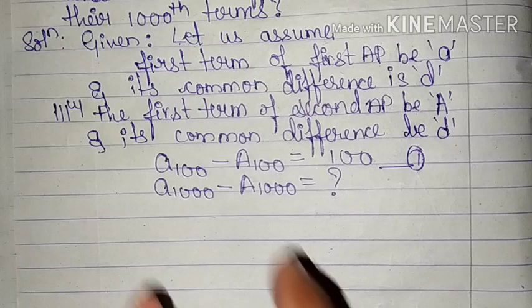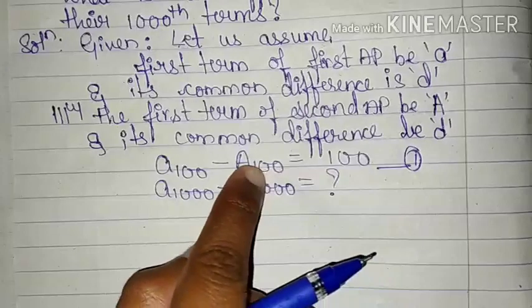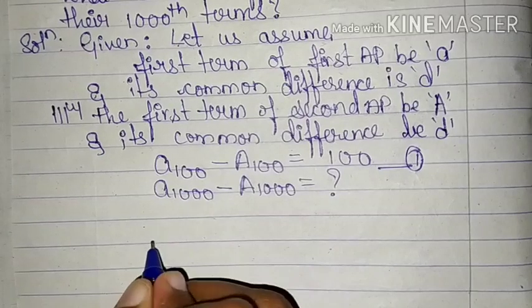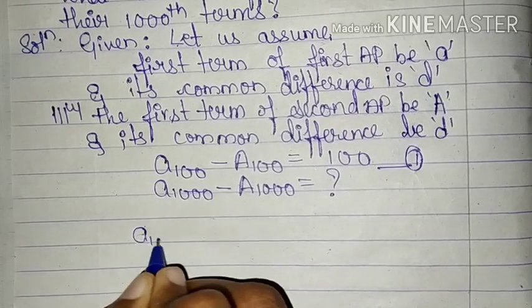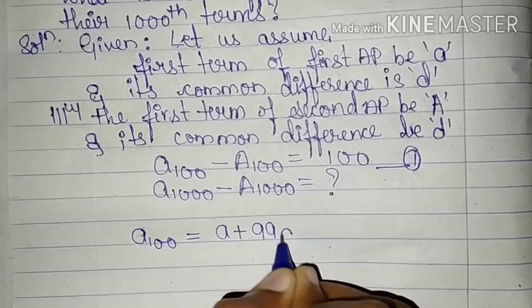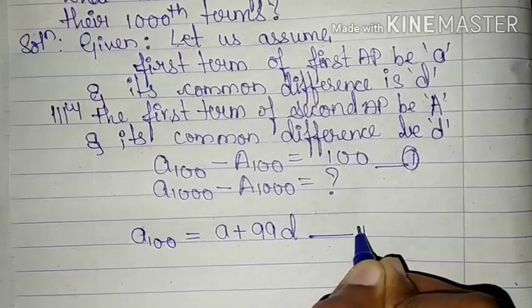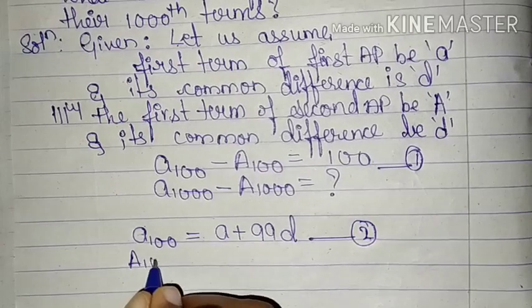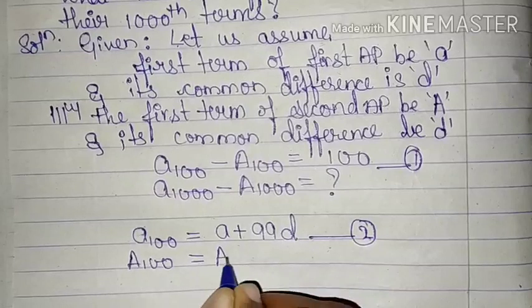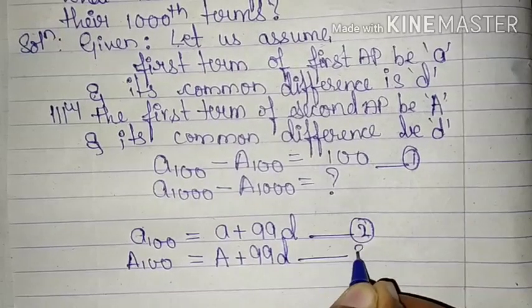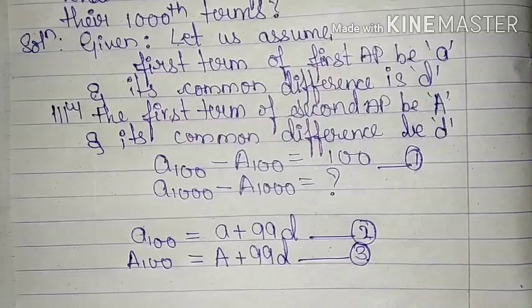So from the given equation, that is a100 minus capital A100, let us try to solve it. Small a100 can be written as a plus 99D. This is the second equation. Similarly, capital A100 is nothing but capital A plus 99D. This is the third equation.